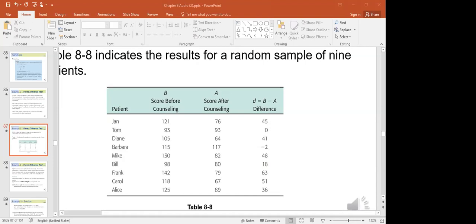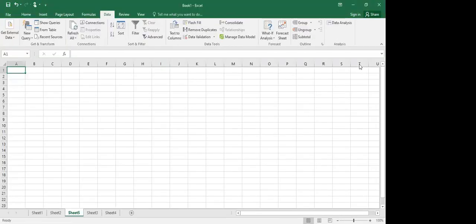Because we cannot at the same time have Excel and the PowerPoint, you are going to copy what you see on my Excel, unless you have the PowerPoint before you. So before is 121. 93.